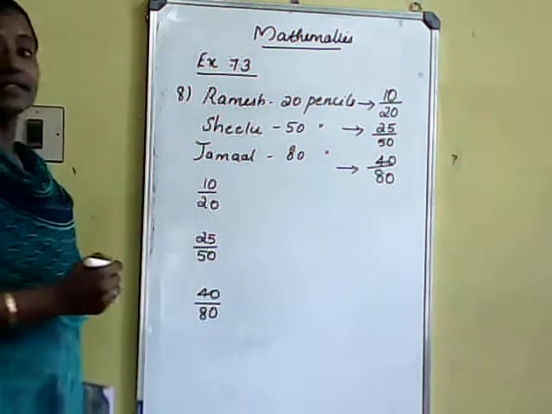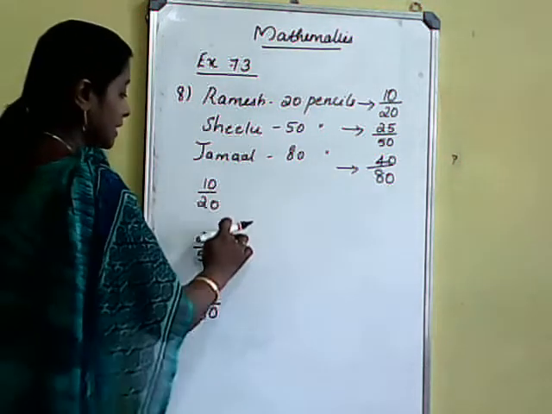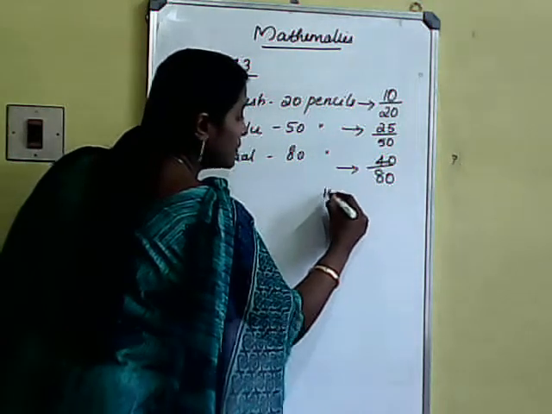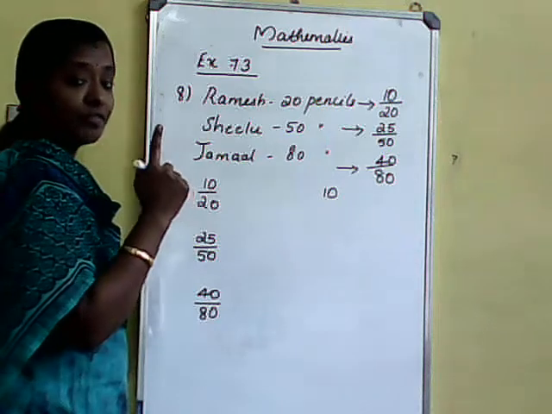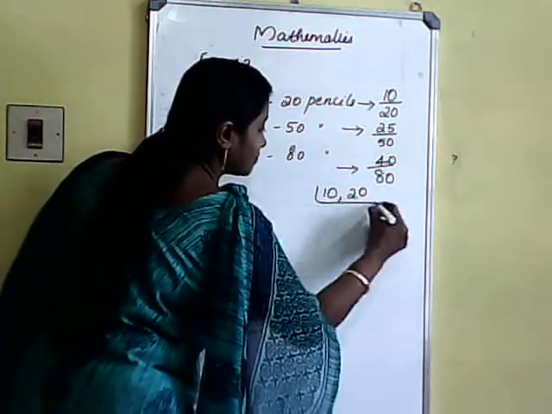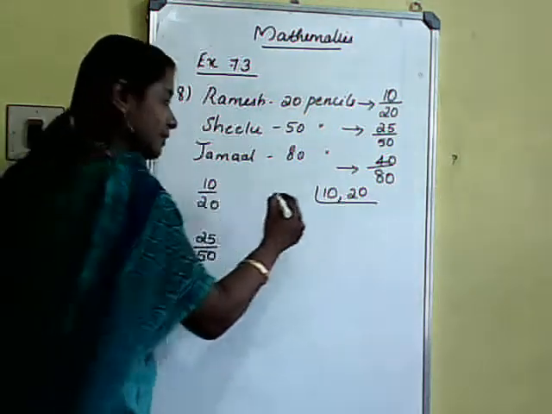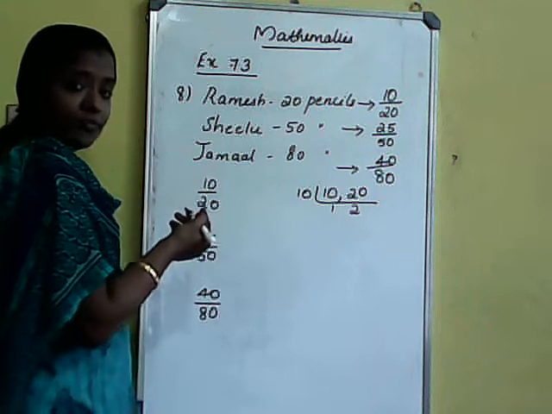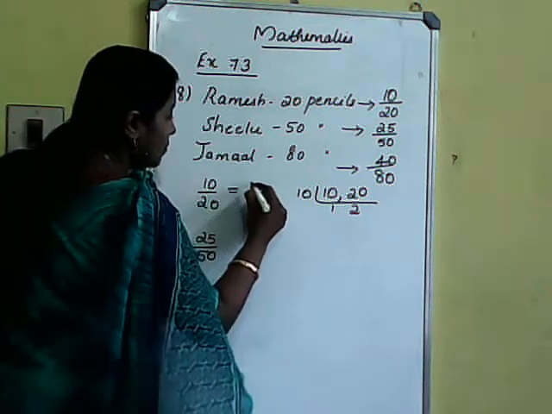So, what is the simplest form of these three fractions? What will we do? Simplest fraction. So, we will find the HCF of 10 and 20. Which number is common? 10. So 1, 2. Any number common between 1 and 2? No. So what will be right?